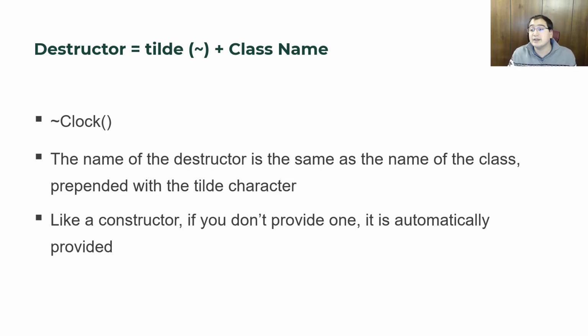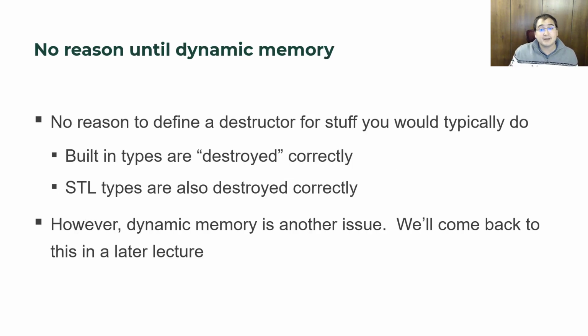It just is using the default synthesized destructor. And in general, you don't need to define a custom destructor because the default behavior is probably already what you want. Built-in types are destroyed correctly. The STL types are destroyed correctly.